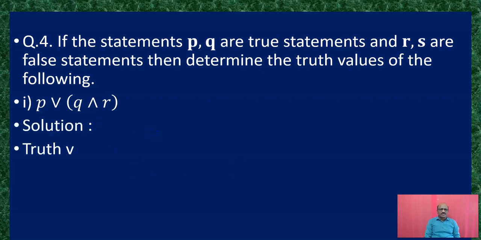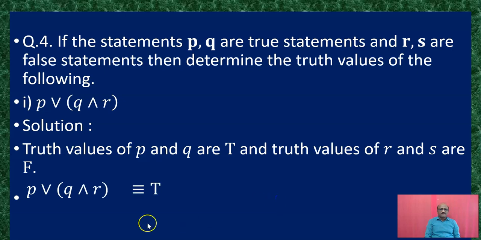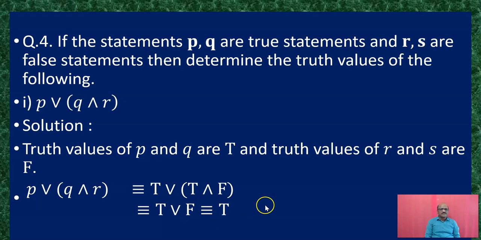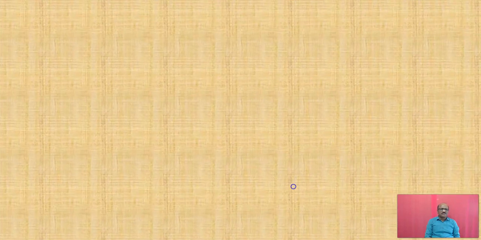Solution: truth values of P and Q are T, and truth values of R and S are F. Therefore, we write here T or (T and F). T and F is F. T or F is again T. Hence, the truth value of the given statement is T.